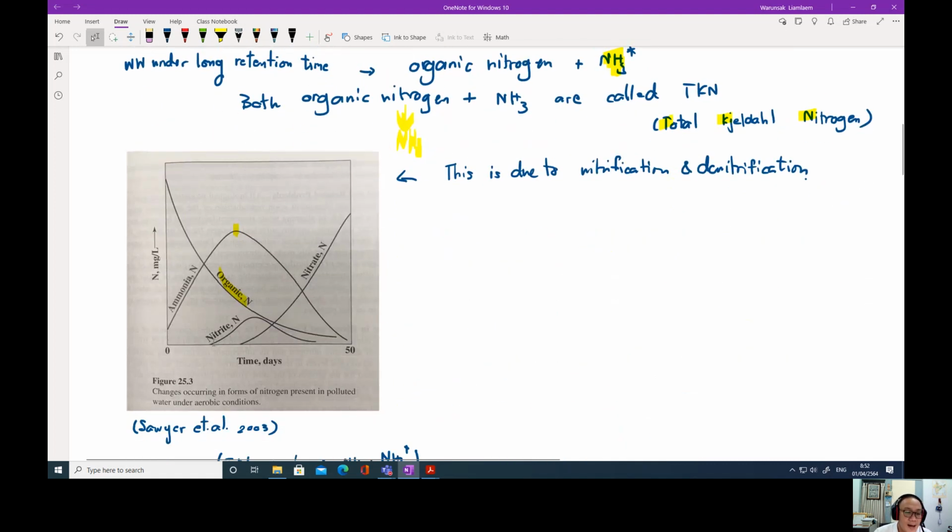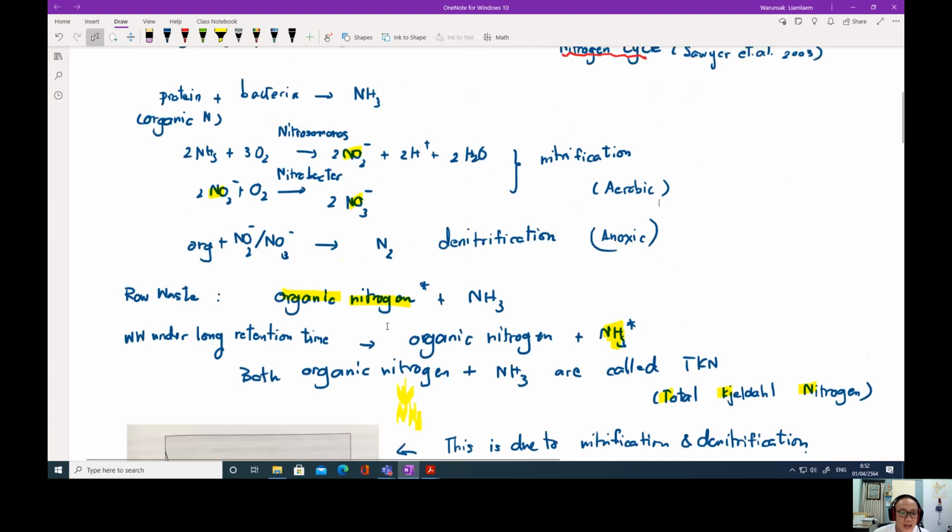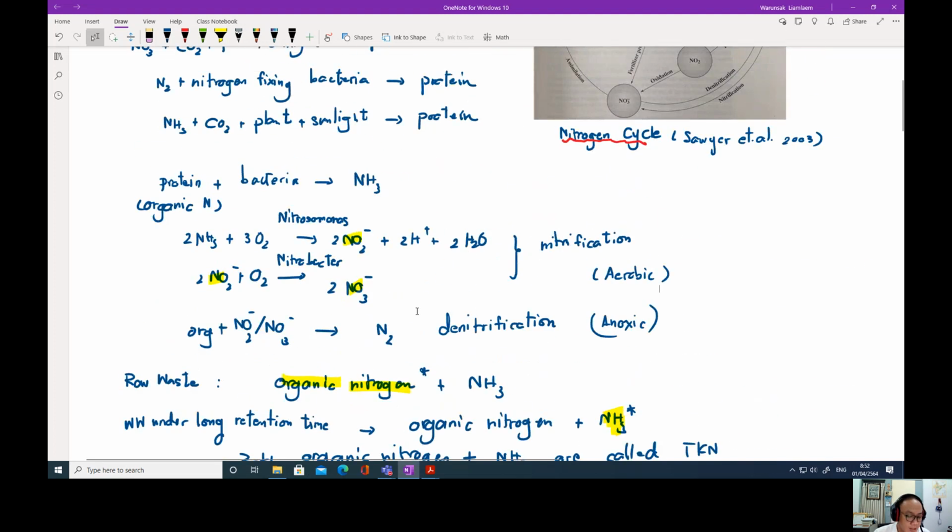That is why sometimes the amount of nitrites increases and later on drops to almost nearly zero, while the nitrates increase at the end. This was actually due to the nitrification reactions.